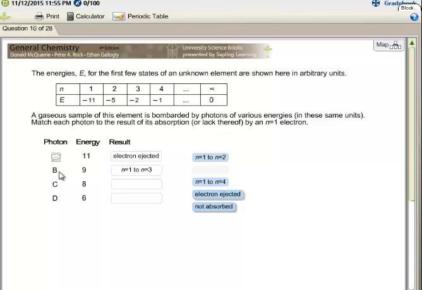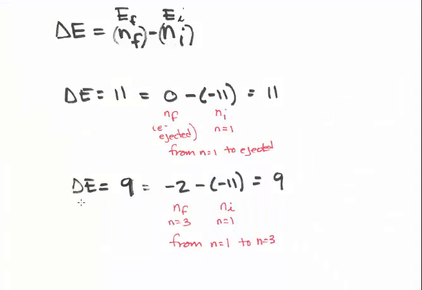So photon B has the exact energy required to get from my first energy state to the third energy state. So remember, when we're calculating our delta E, it is always the final minus the initial. I'm always starting in this problem at n equals 1, that energy is -11, and the energy of my n equals 3 level is -2. So -2 minus -11 is +9.